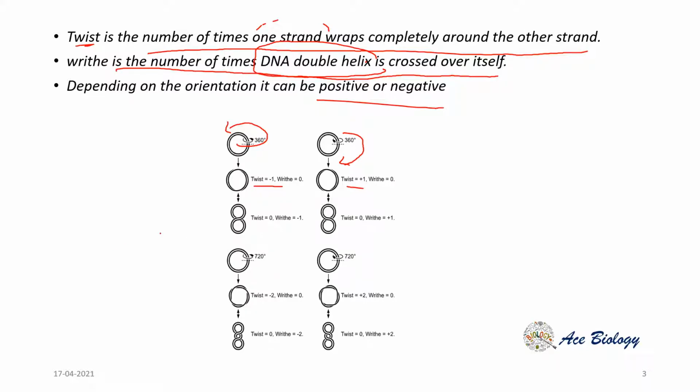In the case of writhe, this is a right-handed turn, which is clockwise, and this one is anti-clockwise. So here the writhe will be negative and here the writhe will be positive. On the basis of this you can calculate the linking number, because the linking number is the sum of writhe and twist.